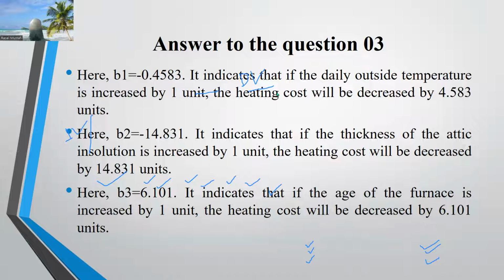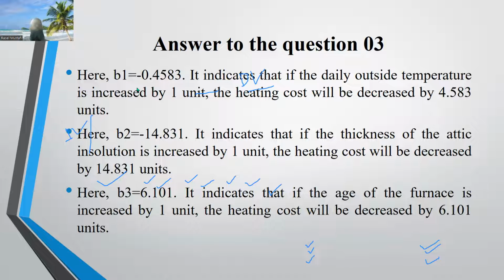It indicates if the daily outside temperature increases by 1 unit, the heating cost will decrease by 4.583 units. That means the beta coefficient is negative. Negative means when one variable increases, the other variable decreases.